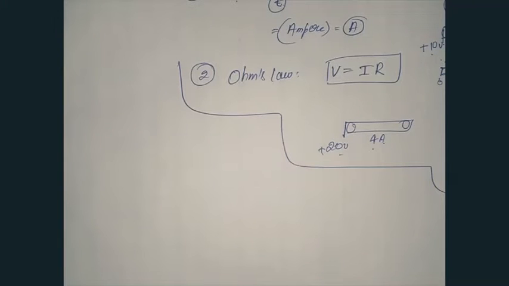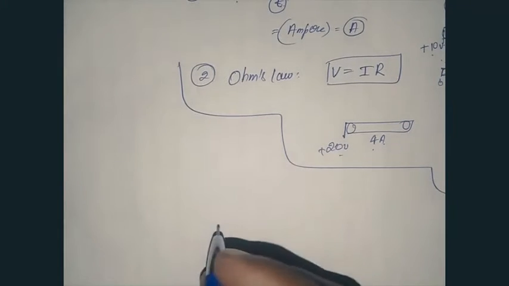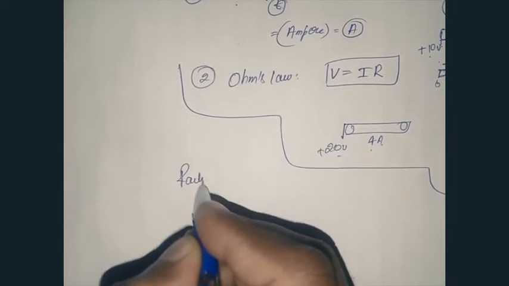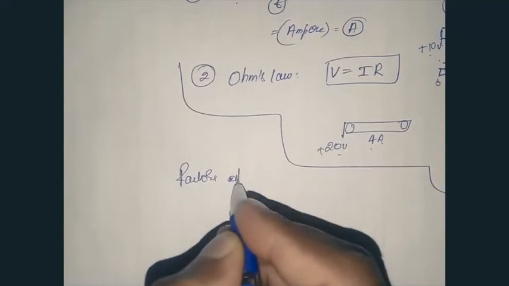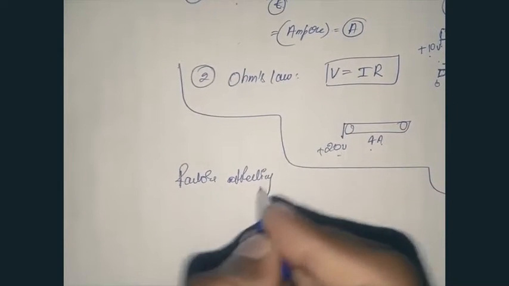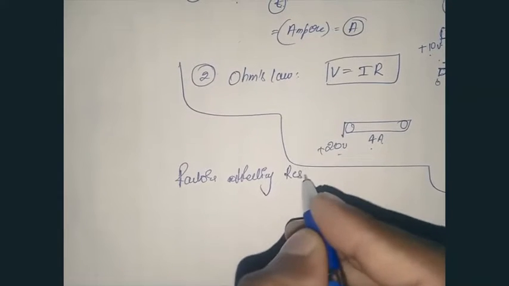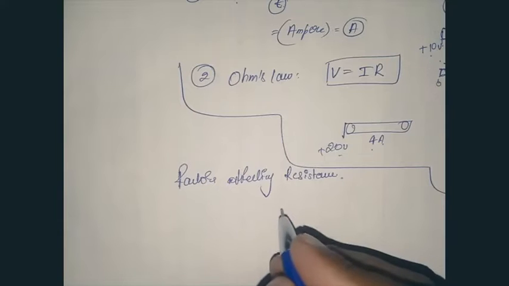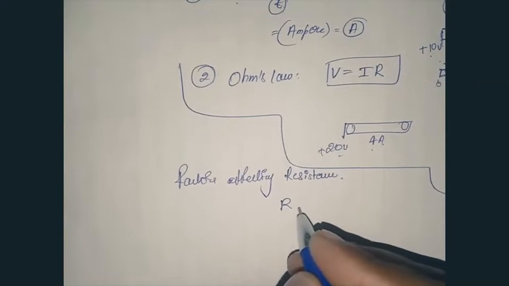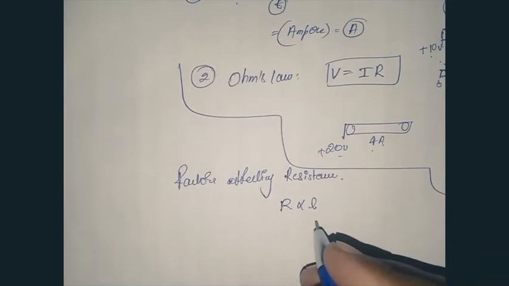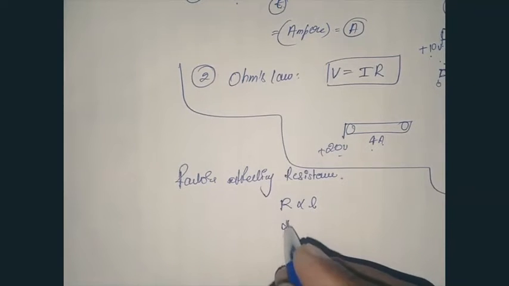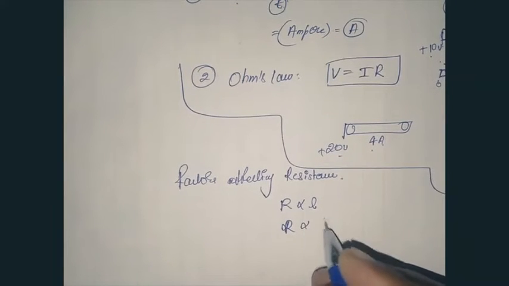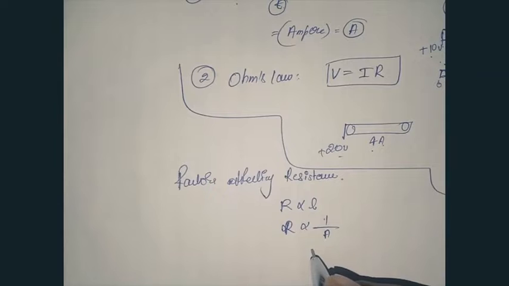Now we'll talk about the factors affecting resistance. I know that resistance is directly proportional to the length of the conductor. Again, it is inversely proportional to the area of cross section of the conductor.